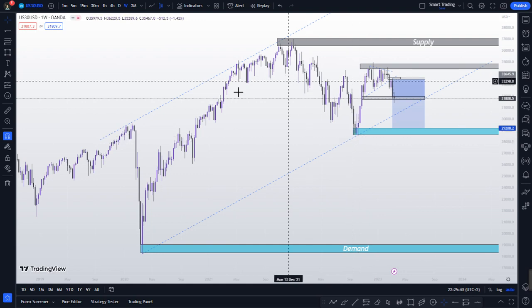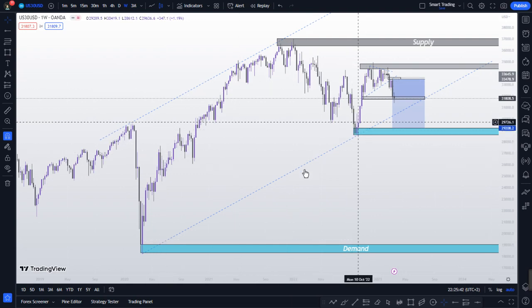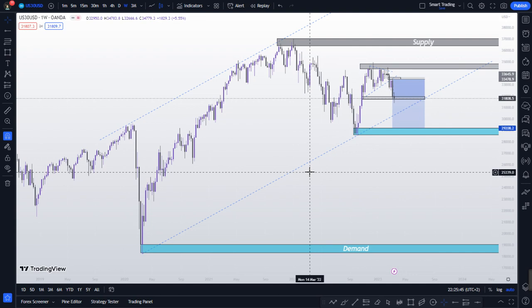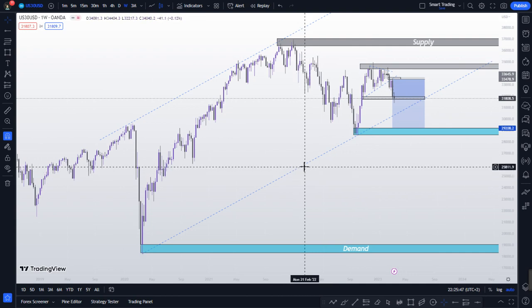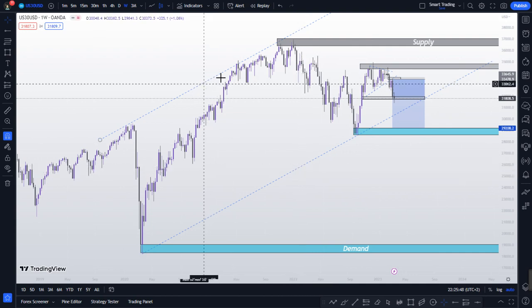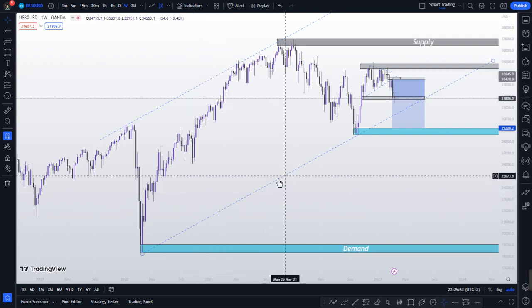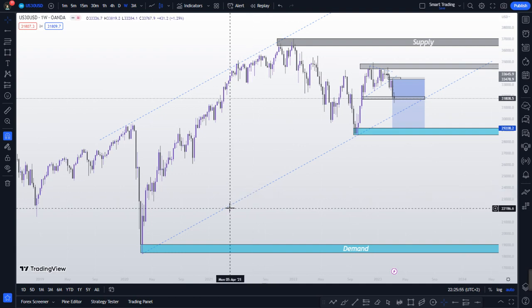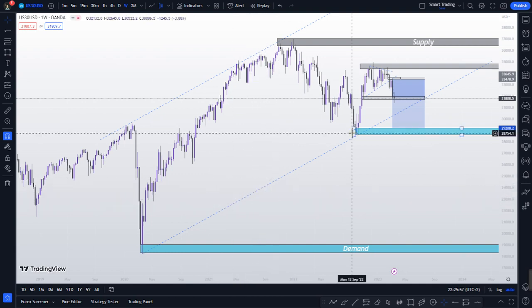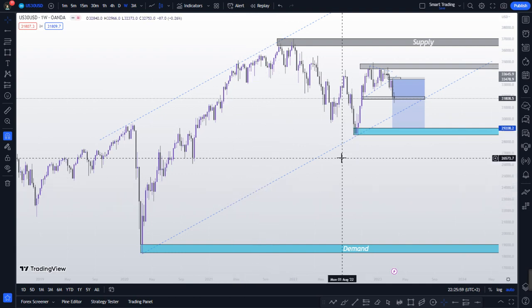Somebody will say, how is this resistance and supply? You have to understand one thing, guys: these trend lines are not just trend lines. This is a resistance trend line, and this is a support trend line. The trend line underneath the price is a trend line for support, for demand, for the low.